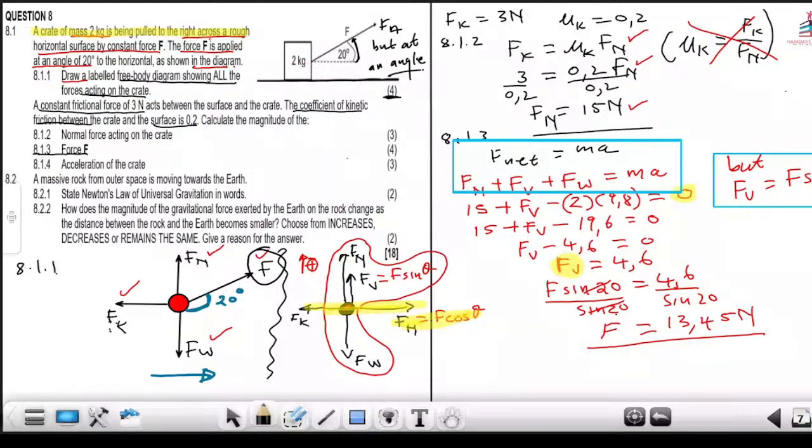So I am going to have the force applied, force normal, Fk, and also Fw.